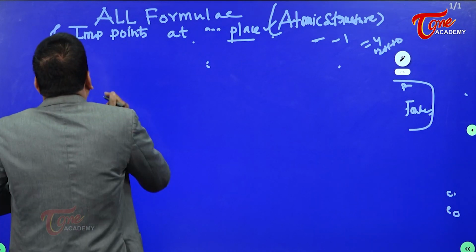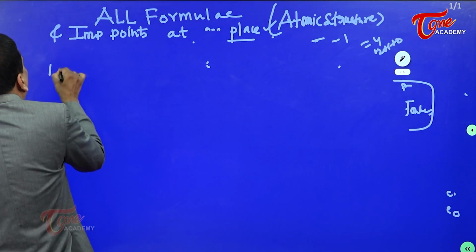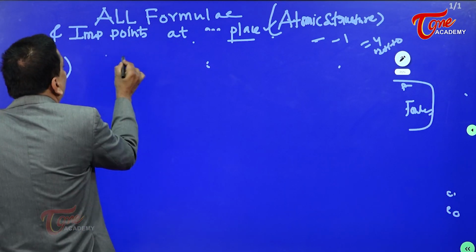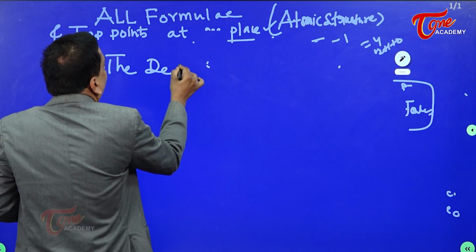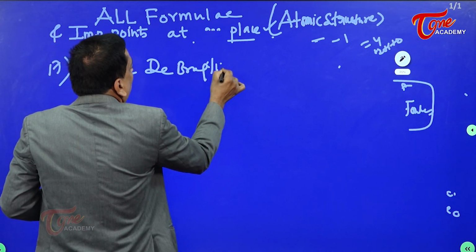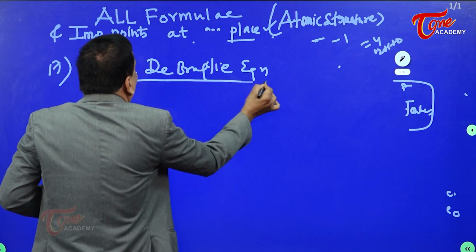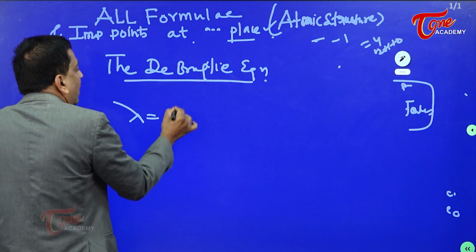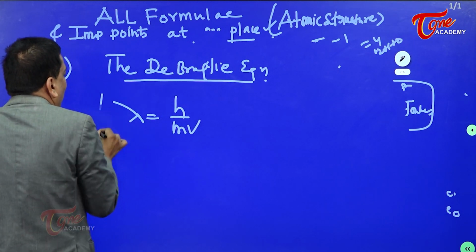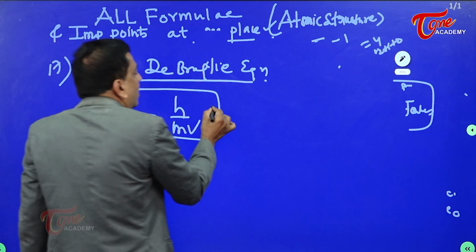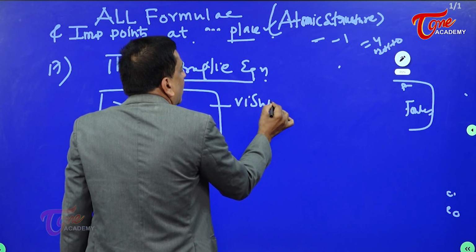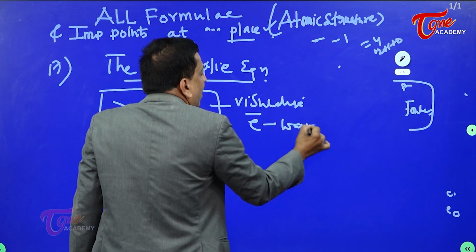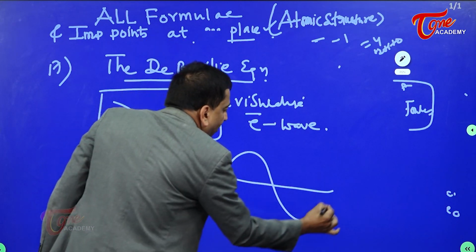You must understand. Then that is, 17th point, if I can write it for you, you have de Broglie's equation, where to calculate, lambda is h by mv. First, visualize the electron to be a wave. That means the electron is a wave.